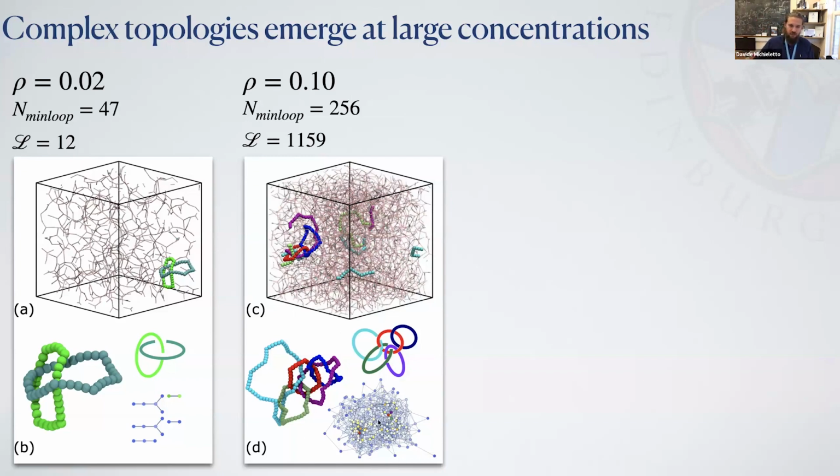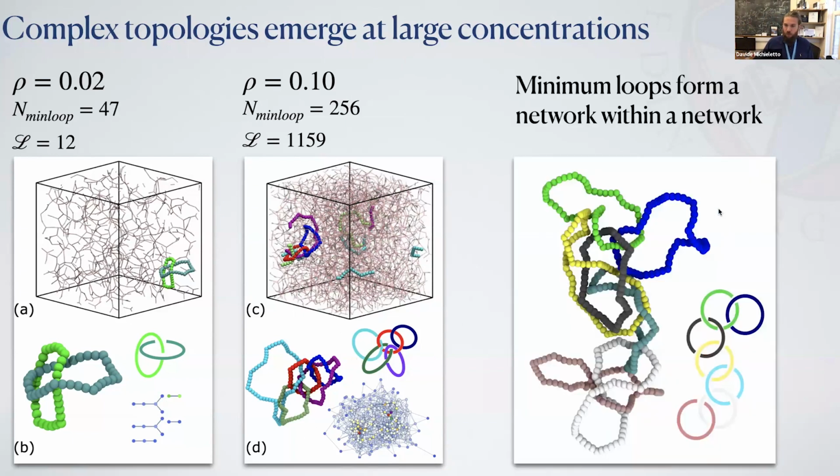So in this case, we get a fully connected network, where all the network is formed of loops that are all interlinked with each other. In this case, there are just a few, and they're not connected to each other. They're kind of clustered. And you find this hierarchical looping, and we also find polycatenates of loops, so loops that are linked, and they form a path of linked loops.